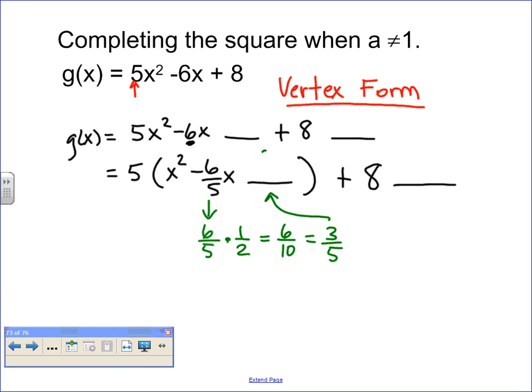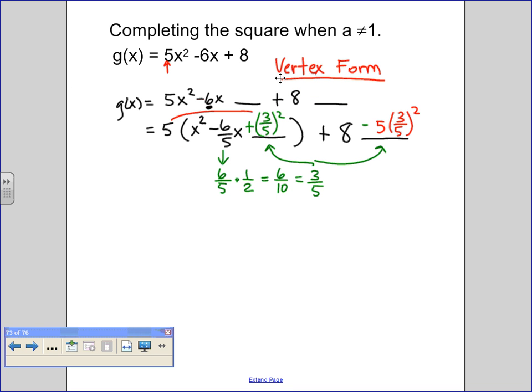3/5 is going to go here, but it's going to be squared, and that's a plus. And then over here, I'm going to subtract whatever I have there. But in this case, you notice that this 3/5 is not just 3/5 squared, but this 3/5 is actually being multiplied by that 5. So when I subtract, I actually have to subtract 5 times 3/5 squared.